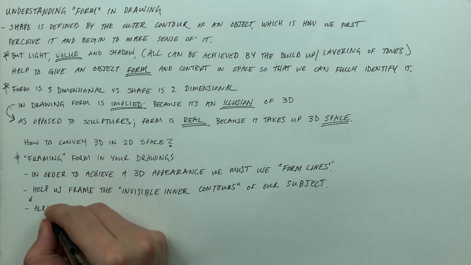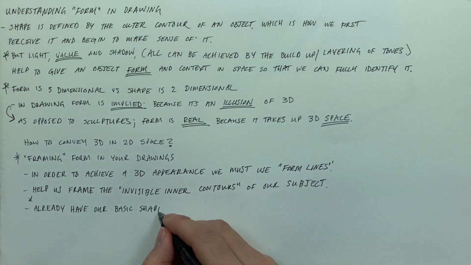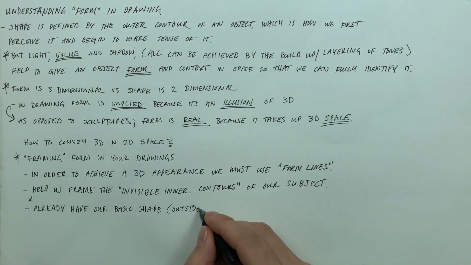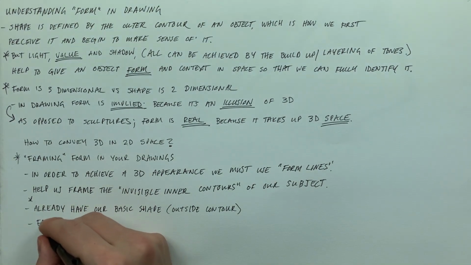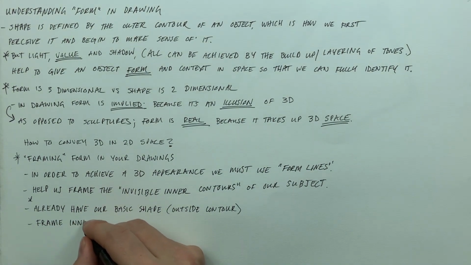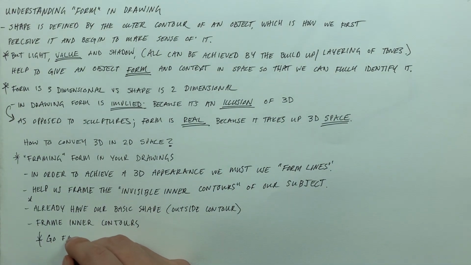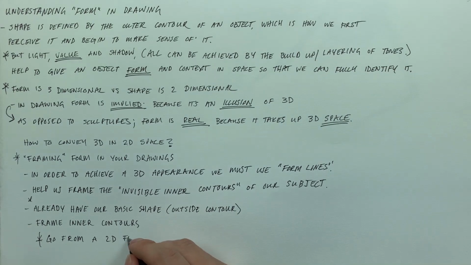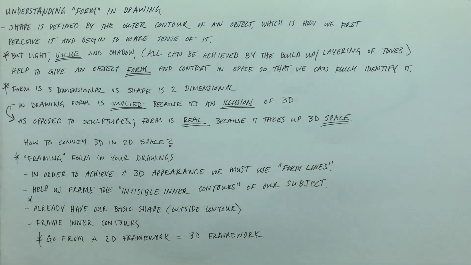Now, it's important to note, yes, we do already have our basic shape, which is the outside contour, but the form lines are meant to help us frame the inner contours of our subject. And this will allow us to go from a 2-dimensional framework to a 3-dimensional framework. Now let me show you guys what this looks like on paper.